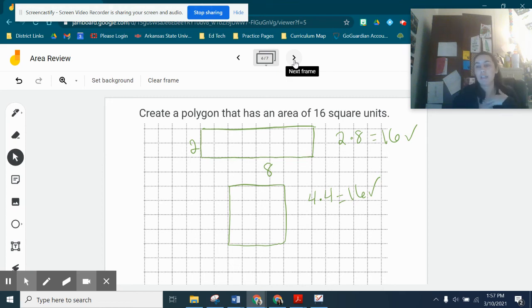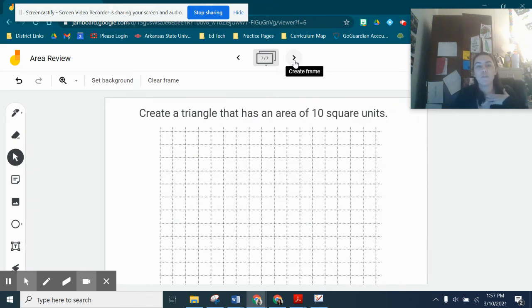If you have to create a triangle, that's the last one we're going to look at. For creating triangles, you have to remember that you divide by 2, because that totally changes how you solve it. Some of you on the concept check didn't get it correct because you forgot, oh, I've got to divide by 2. So let's say I wanted 10 square units, and I did a 2 by 5 triangle, like this.